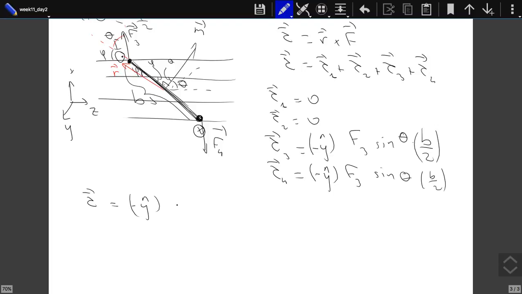Well, F3 is I times a times b. This is the magnitude of F3 times sine theta times b over 2. This is the torque due to either F3 or F4, and they are both equal to each other, so let's multiply by 2.